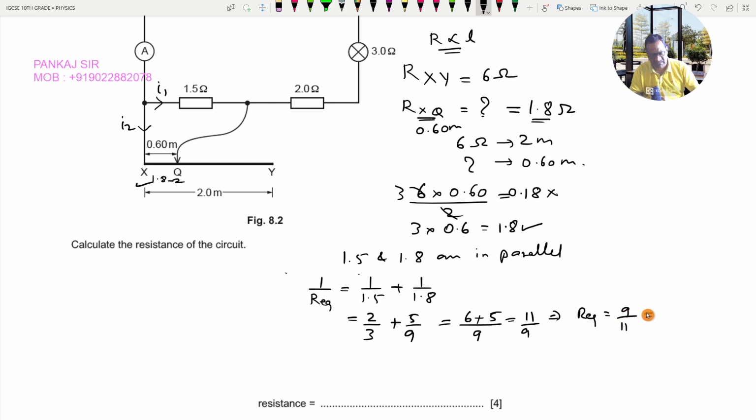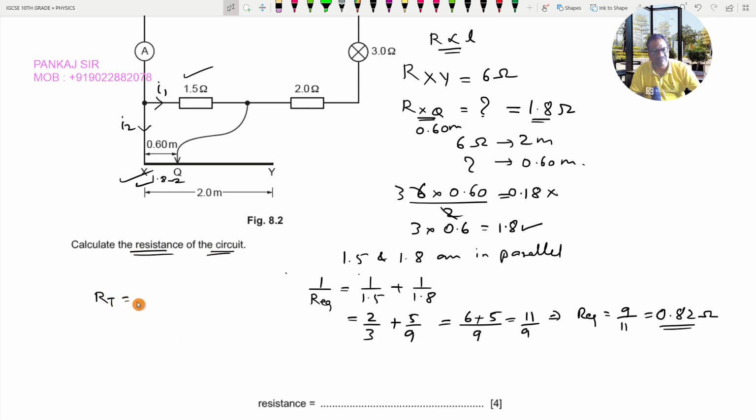Which will be equal to 9 divided by 11, which is 0.82 ohms. So this 0.82 ohms is the equivalent of these two resistances, 1.5 and 1.8. Now we are supposed to calculate the resistance of the circuit, that is RT.